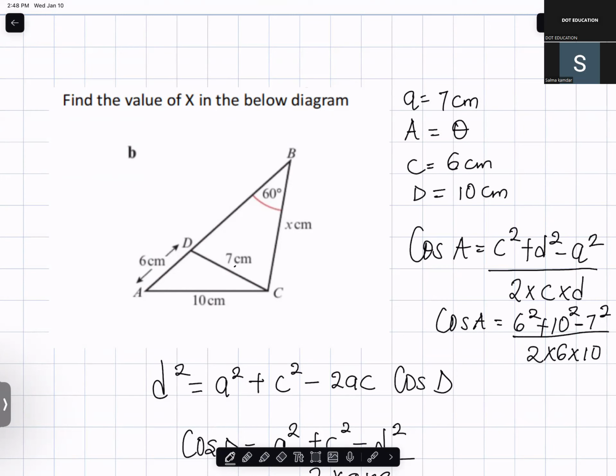So our cos A will give us 36 plus 100 minus 49 over 120.